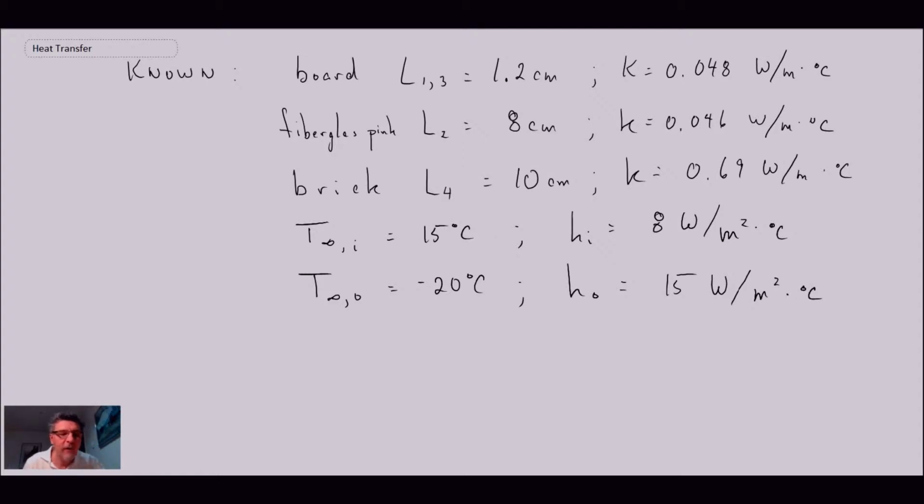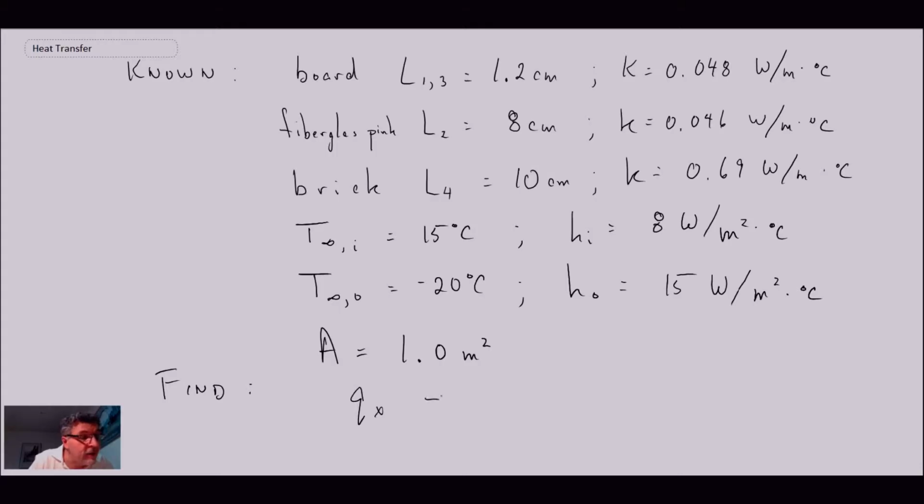Okay, so there is all the information that we were given in the problem. The last thing I'm going to write out: we were told to calculate heat loss per unit area, and consequently I'm going to assign an area of 1 meter squared. So that is our unit area. We're looking for the rate of heat loss, or the heat transfer rate.